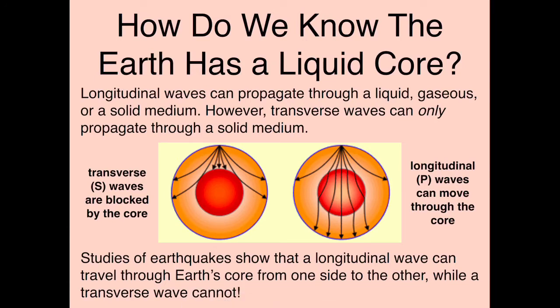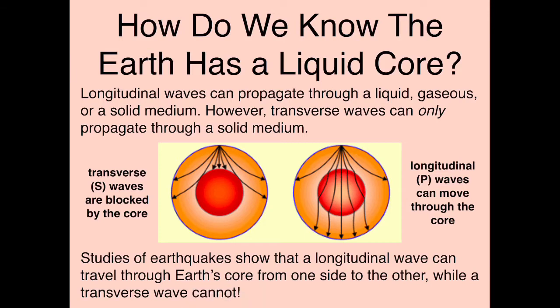So let's say we have a transverse wave that gets created over here. It has to move through the core of the Earth to get to the other side. But the thing is, a transverse wave cannot move through the liquid core of the Earth, so it effectively gets blocked, and we don't see it at the other side. On the other hand, if you have a longitudinal wave being created here, it can move through the liquid core of the Earth, and it can get to the other side.